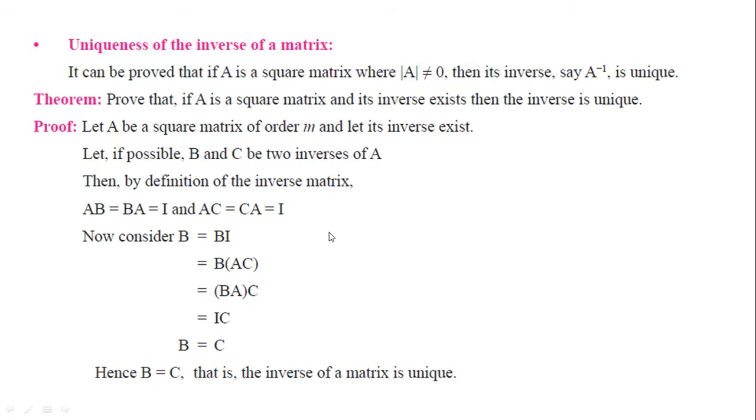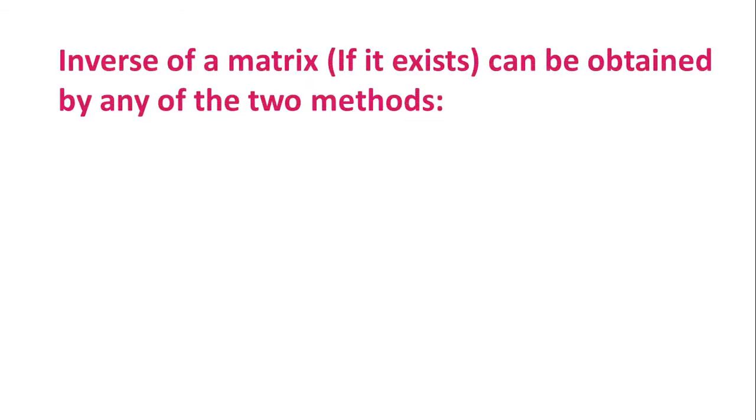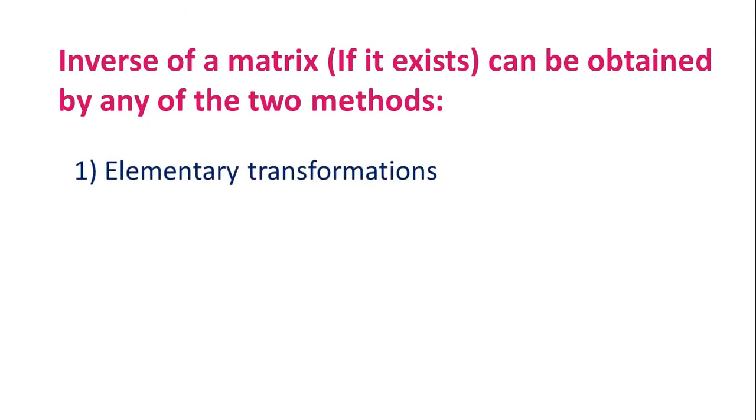Now how will you find the inverse of a matrix, that we will discuss. The inverse of a matrix, if it exists, can be obtained by either of two methods. The first method is elementary transformations and the second one is the adjoint method.